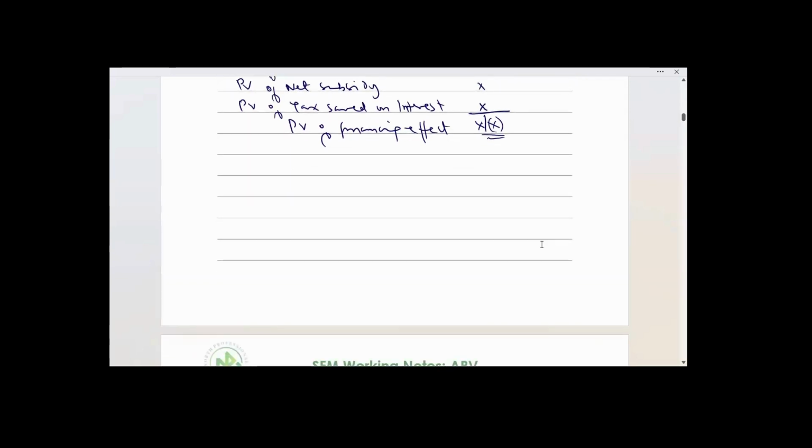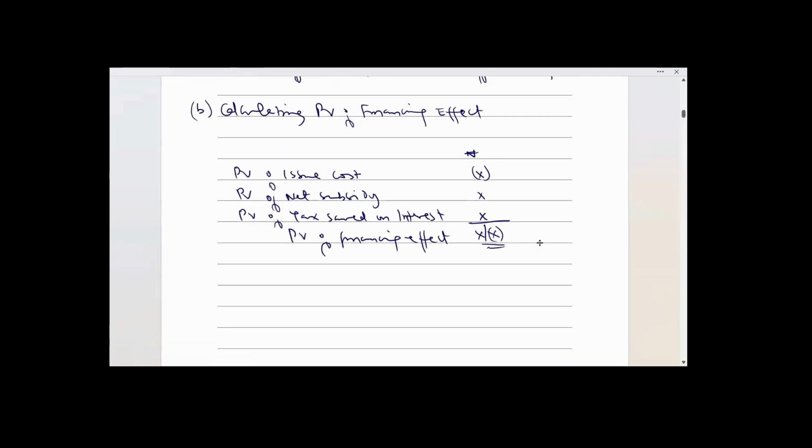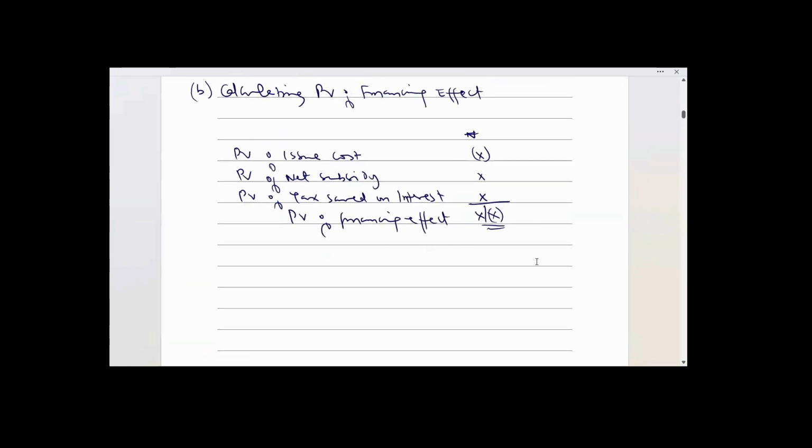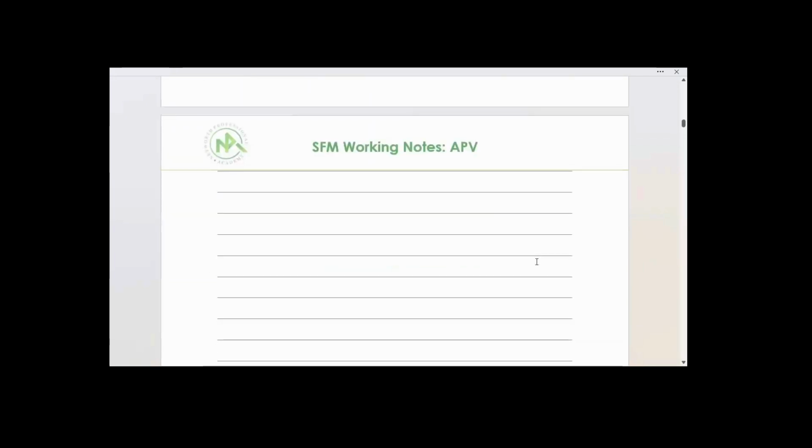Now, before you do anything, whenever you want to calculate PV of financing effects, there are some assumptions that you need to make. The first assumption is a general one.